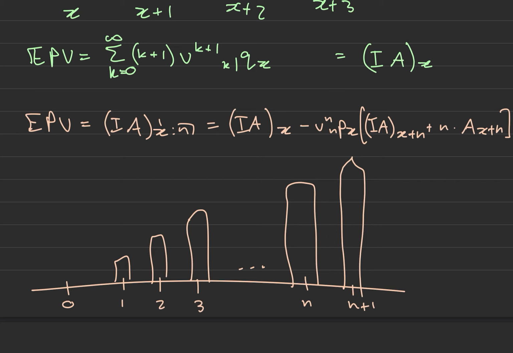plus 1. Okay, how do I get a payment of size n plus 1? Well, this has a payment of size 1 at age x plus n plus 1. So if he dies aged x plus n, between n and n plus 1, he will receive a payment of size 1 given this. But I need to be subtracting a payment of size n plus 1. And so I must add a whole life assurance of size n to that to make this n plus 1. So here's the n and here's the plus 1.